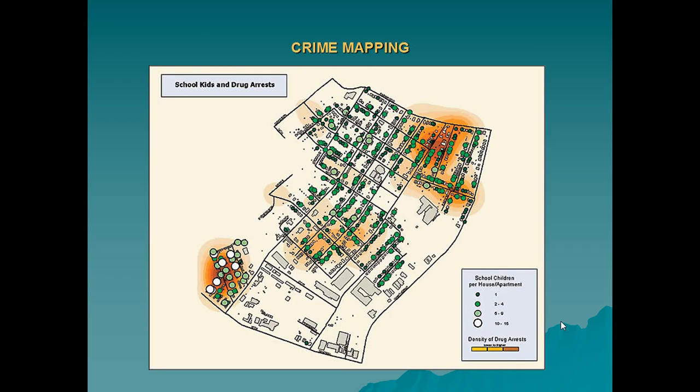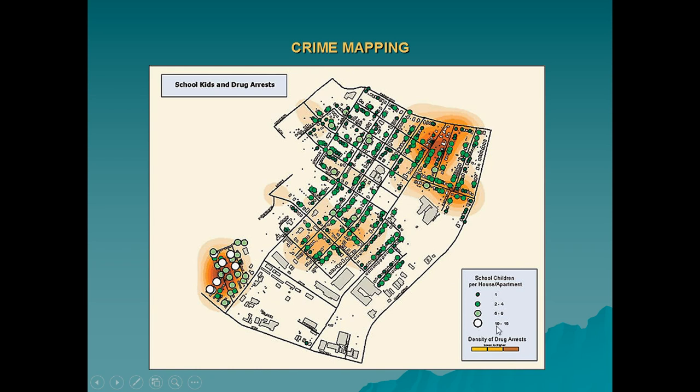GIS can be used in crime mapping. So we have some mapping methods here to represent data about school kids and drug arrests. We're looking to see if there's any relationship between where the school kids are and where the drug arrests occur. Alright, if we look at our legend here, we see that the circles represent the number of school children per household, apartment or house.